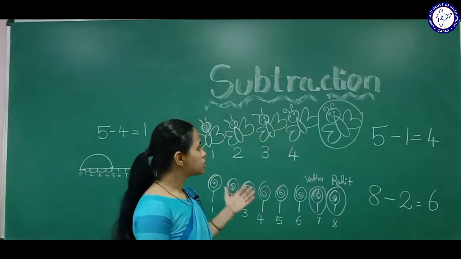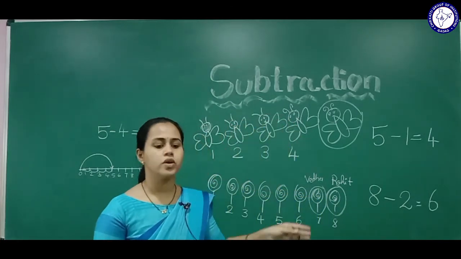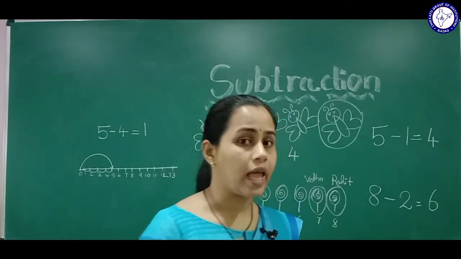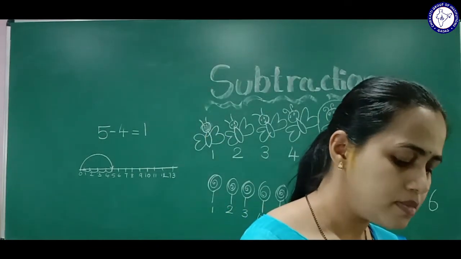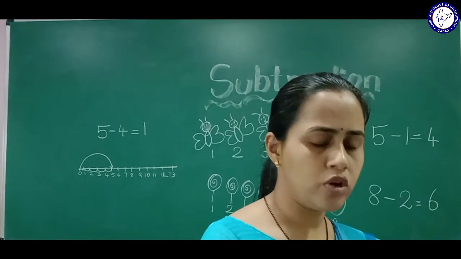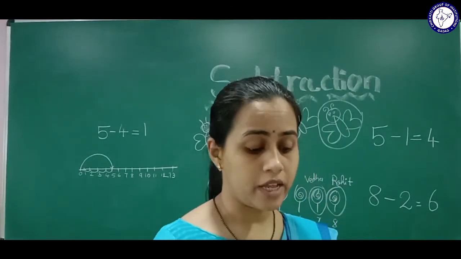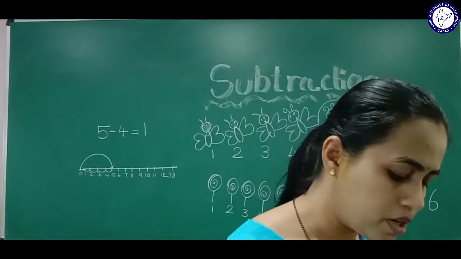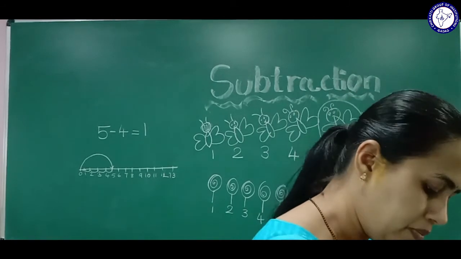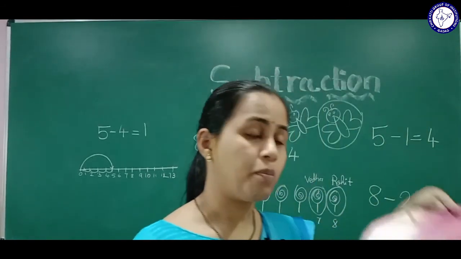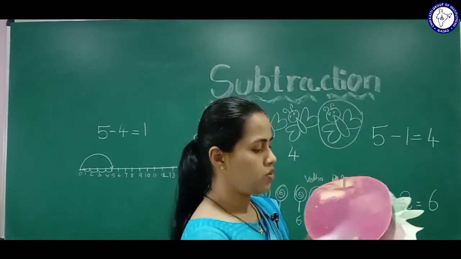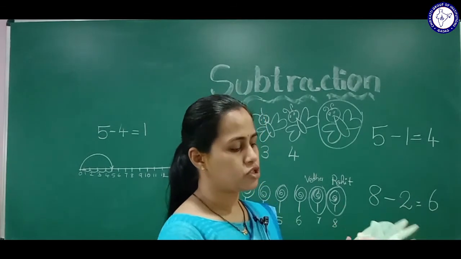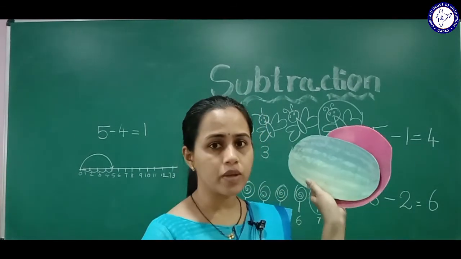So I'll just give you one more example. Okay, so I have a fruit basket now. Okay, so you have to share your fruits, right? So here I have mango, strawberry and watermelon.